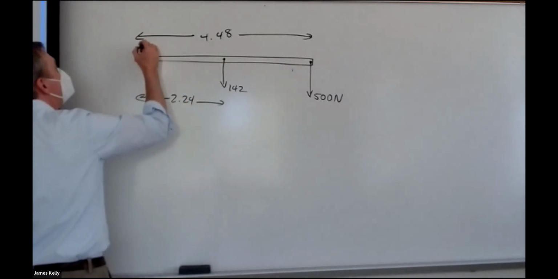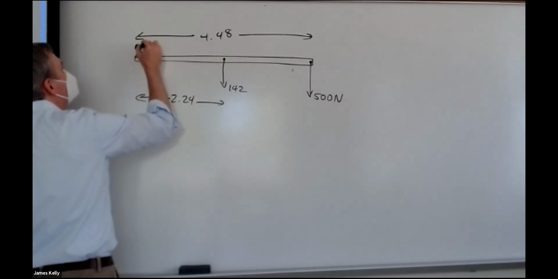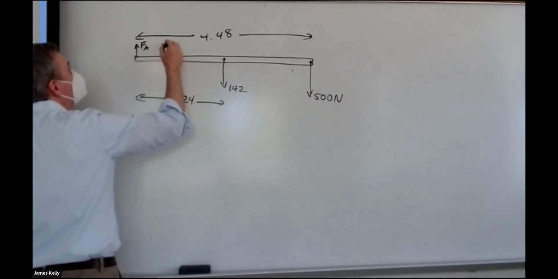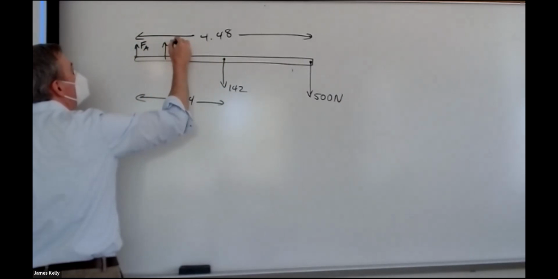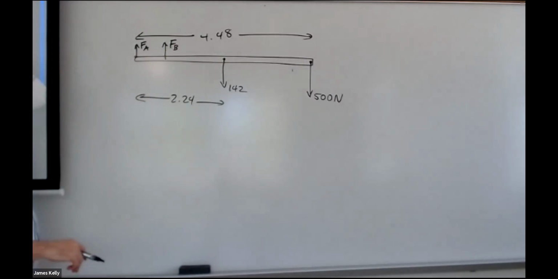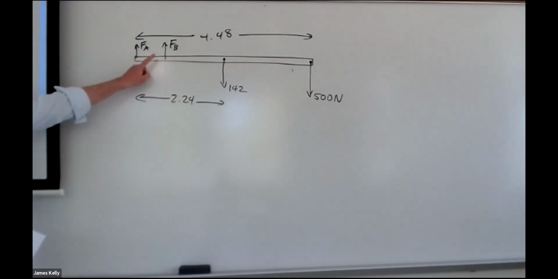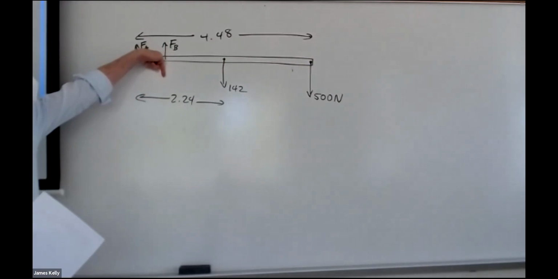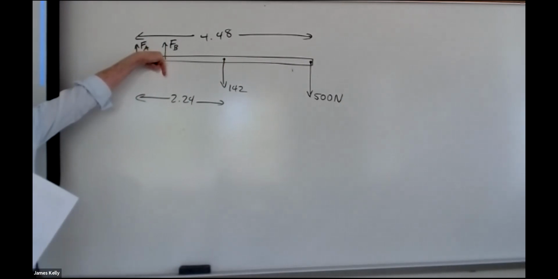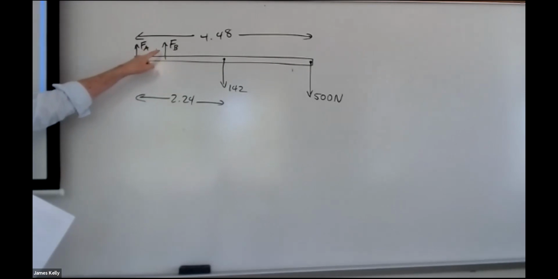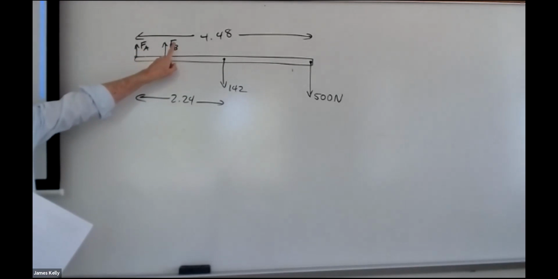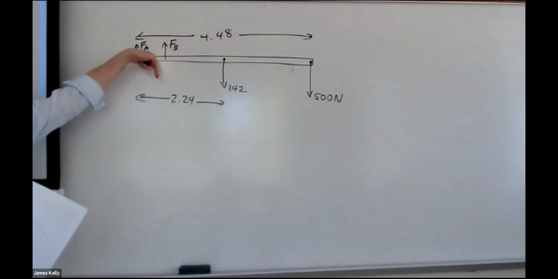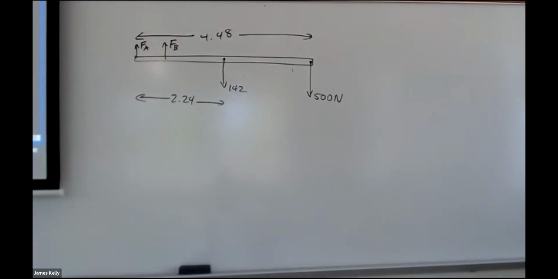If I draw an FA up here and I draw an FB up here, if FA ends up positive, but FB ends up negative, then I'll know that the real direction of FB should have been down. Normally these are the magnitudes of these forces, but if my magnitude ends up being negative, that means I should have actually drawn it in the other direction. So that's my extended free body diagram.